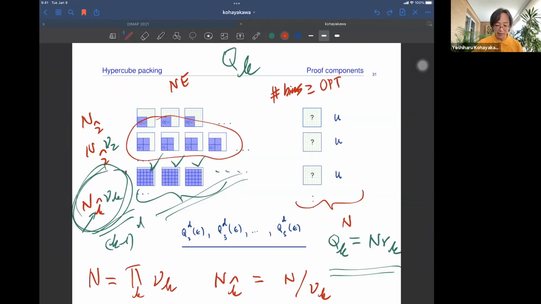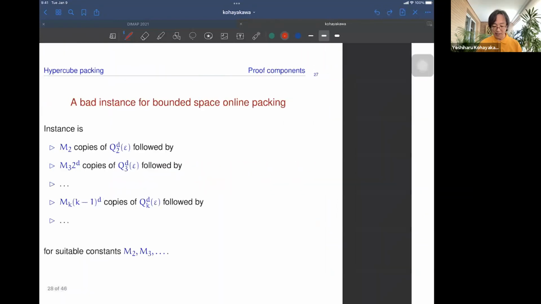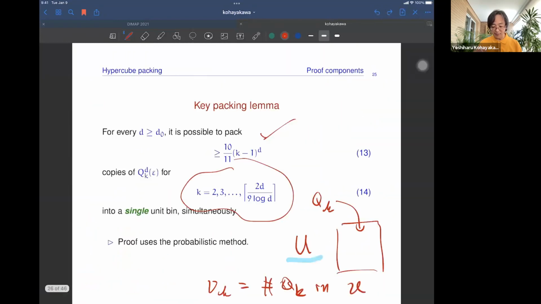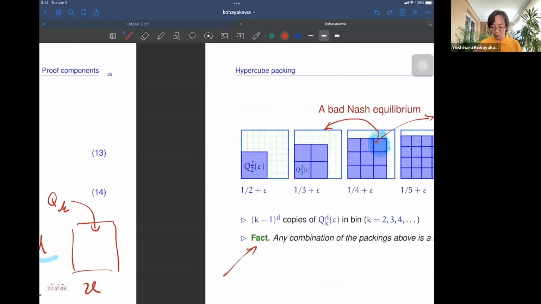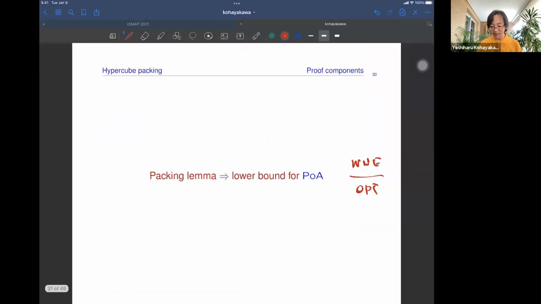Yeah. Okay. So, right. I have two things, right? I have this lemma. And using this lemma, I want to prove two lower bounds. One of them is a lower bound for this online bounded space hypercube packing. And the other was this price of anarchy lower bound.